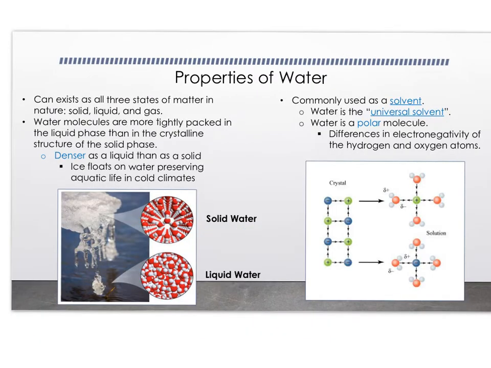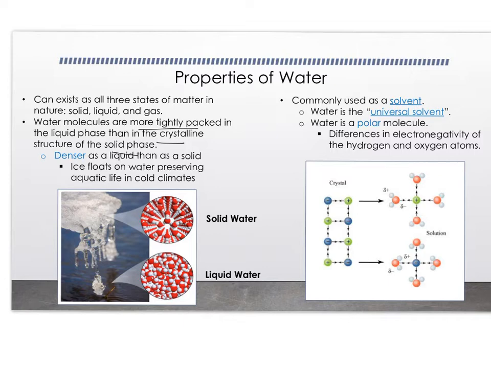As I stated previously, water can exist in all three states of matter, such as a solid, liquid, or a gas. However, the orientation of the water molecules is different due to their different states, such that the water molecules are more tightly packed in the liquid phase than they are in the crystalline solid phase.